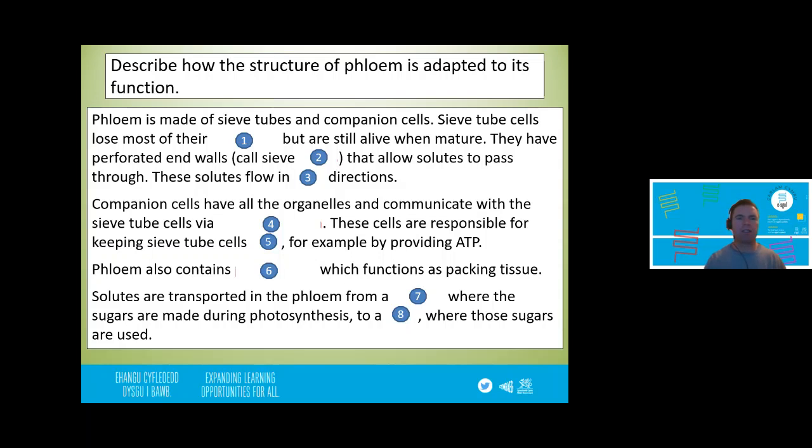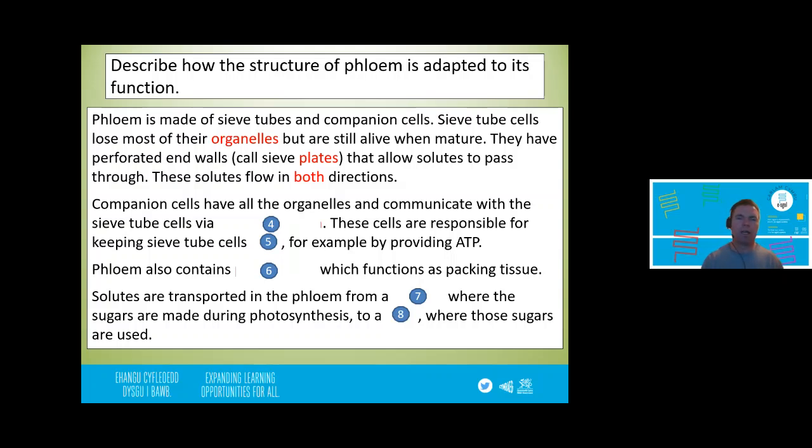Another little activity, you can pause. Let's have a look at this. So phloem is made of sieve tubes and companion cells. Sieve tube cells lose most of their organelles, but are still alive when mature. They have perforated end walls called sieve plates that allow solutes to pass through. These solutes flow in both directions, a key difference to xylem.